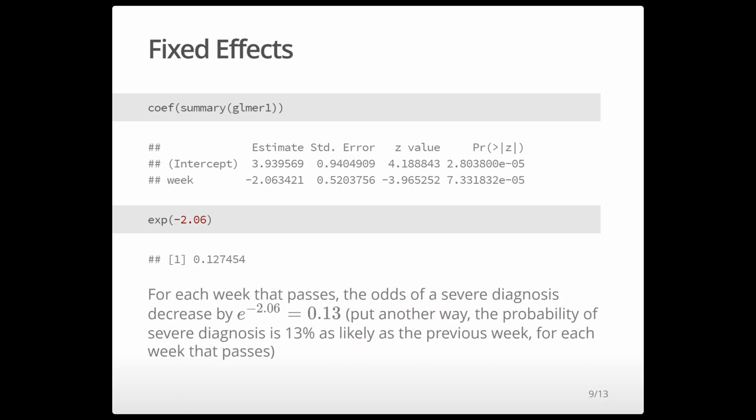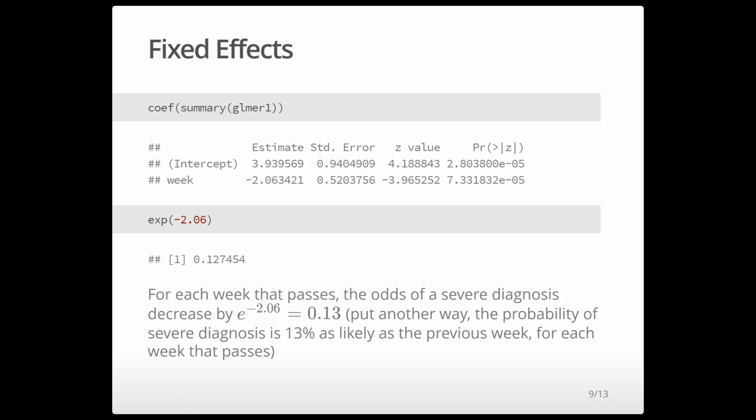So what this means is that the odds of severe diagnosis decrease by 0.13 for each week that passes. Another way to think of this is that the probability of a severe diagnosis is 13% as likely as the previous week for each week that passes.